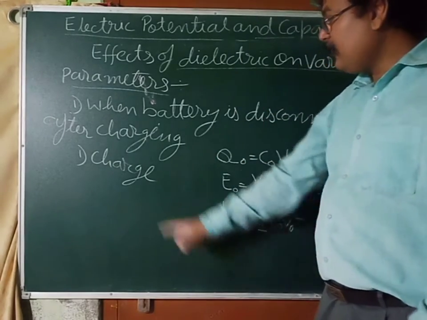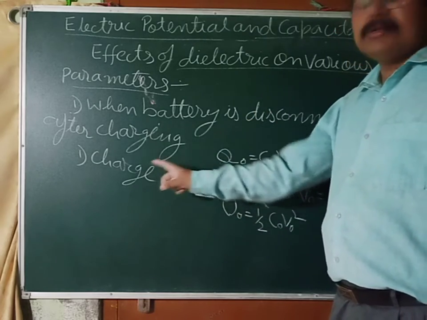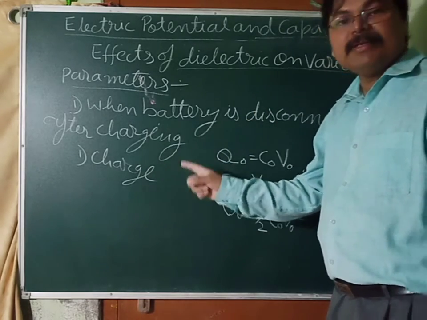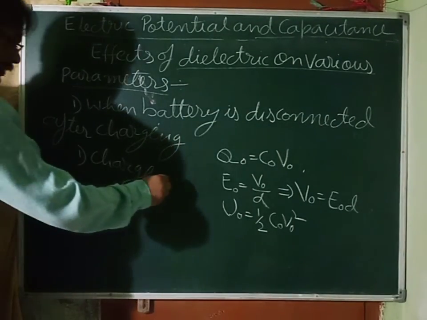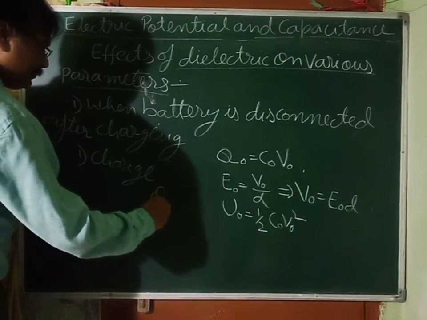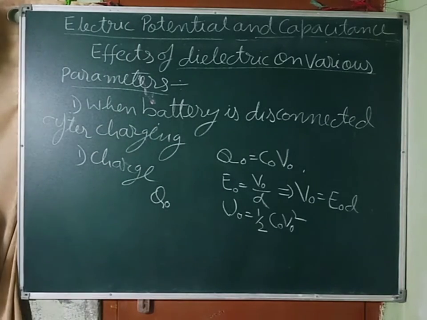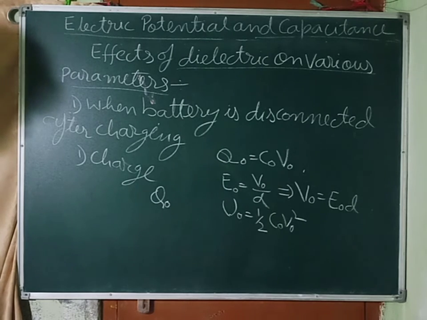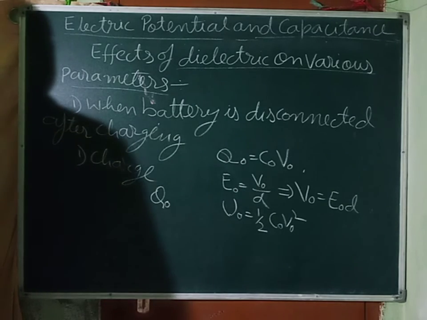Okay. So, you write the first thing about this. I think you have noted these things. First thing you write, the charge remains constant, and that is Q0. Okay, written. Now next is electric field. What about electric field?